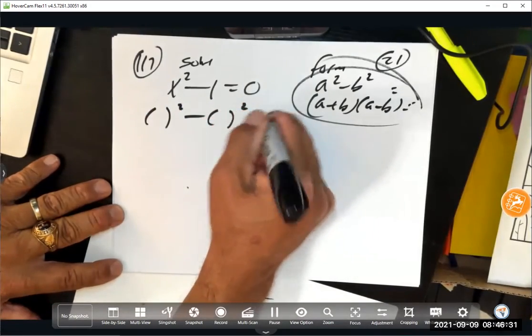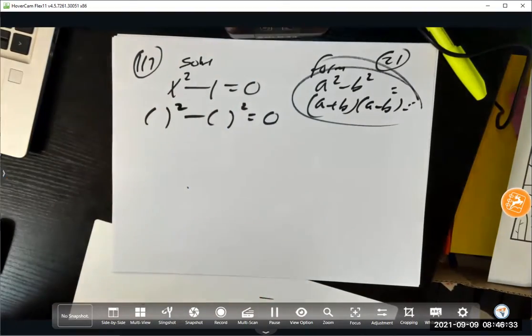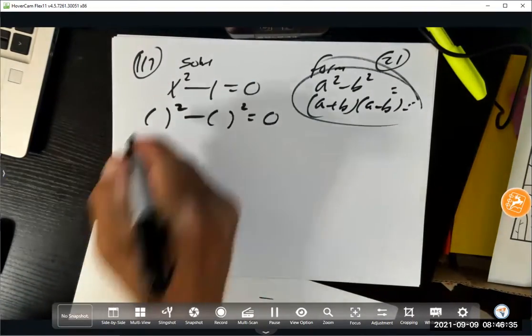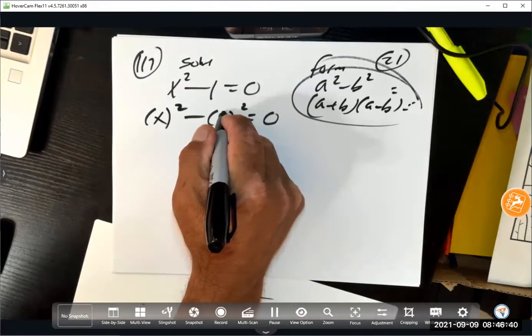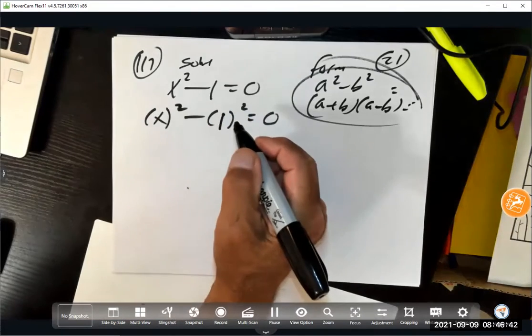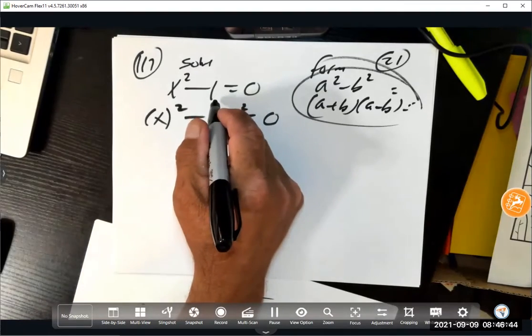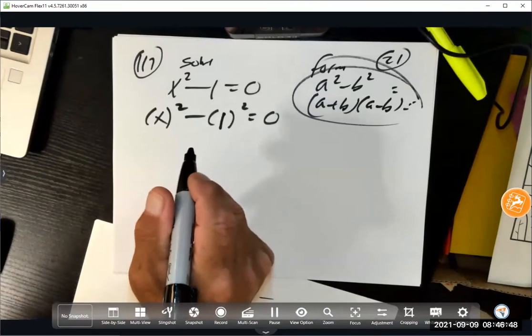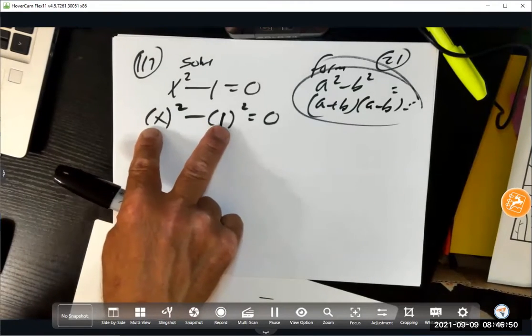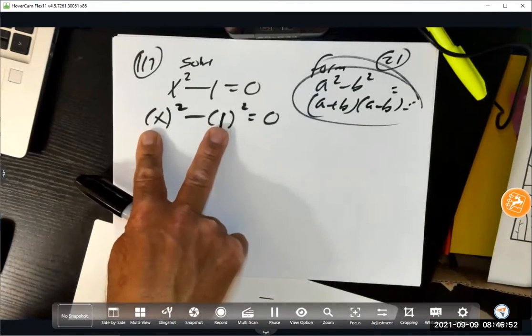You tell me what you think goes inside the blocks. What goes here? X. What goes here? I'll help you. 1. Is 1 times 1 1? Is x times x squared? So is it x squared minus 1 squared? Yes or no? Yes, I did that right.